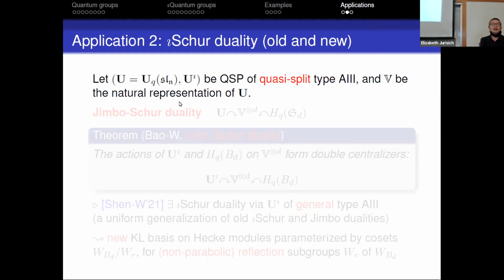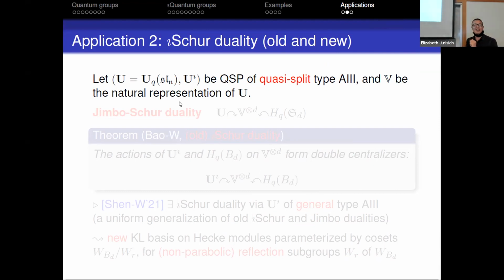And the second application is this Schur duality, which I can mention a little bit. This specializes to a very special case of iquantum group called quasi-split type AIII. You don't need to know the exact definition of what it is. The diagram showing up in my title slide is the diagram of type AIII Satake diagram.